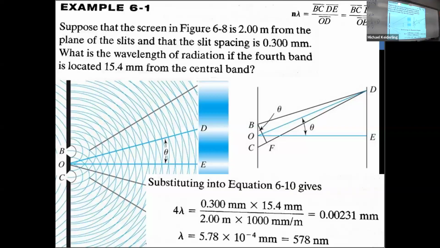So the fourth band, so what we can do here is that we know that n times wavelength equals the distance between the slits times the sine of the angle. Well, the distance between the slits is 0.3 millimeters.